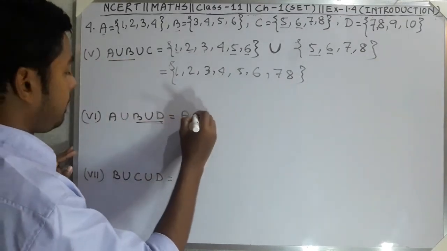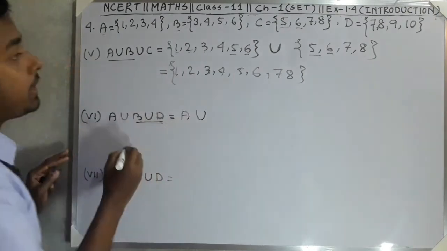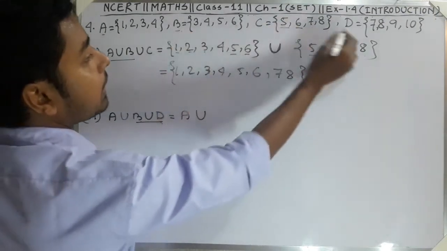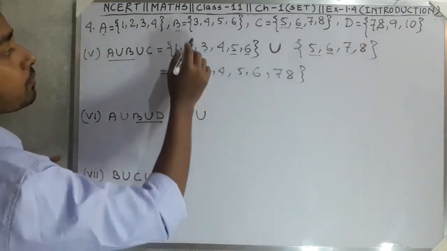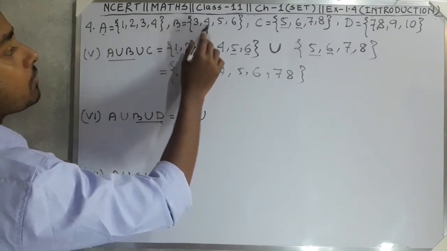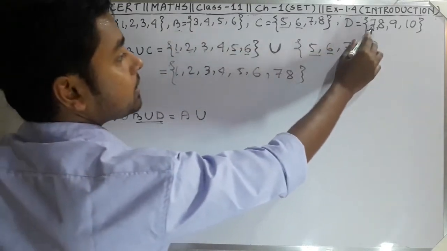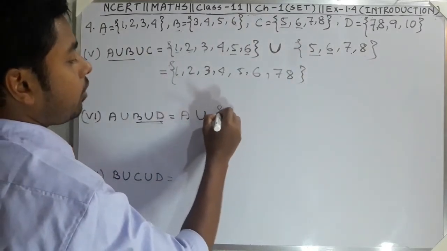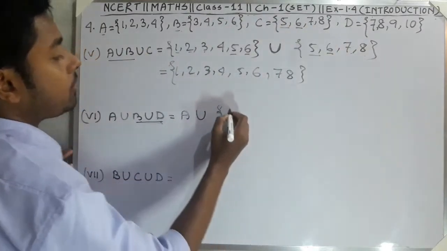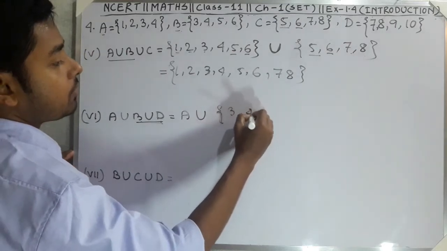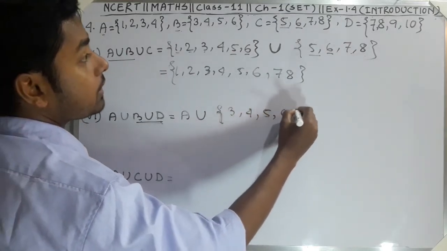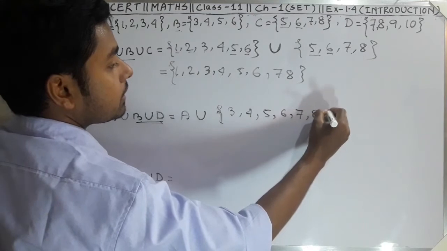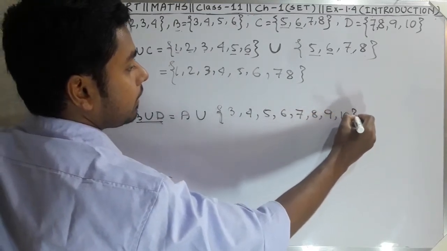So A union B union D: B and D. B is 3 4 5 6 and D is 7 8 9 10. So no elements are common. So we have to take all the elements of B and all the elements of D. So 3 4 5 6 7 8 9 and 10.